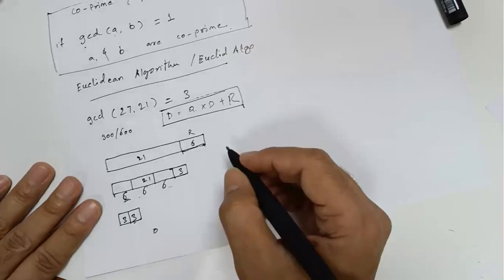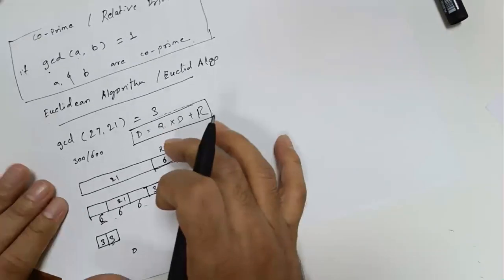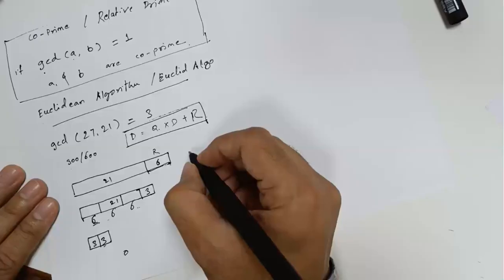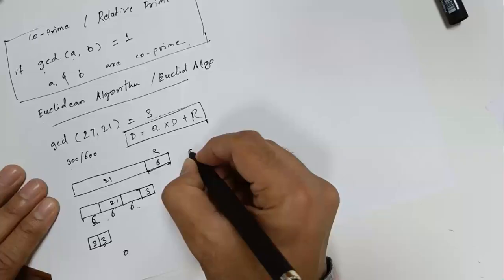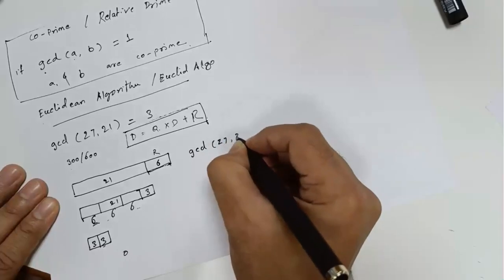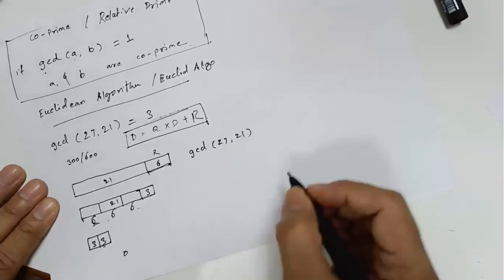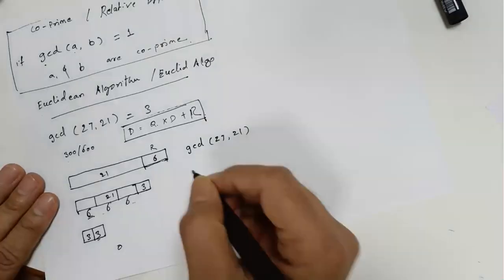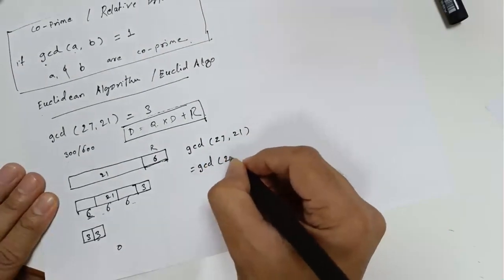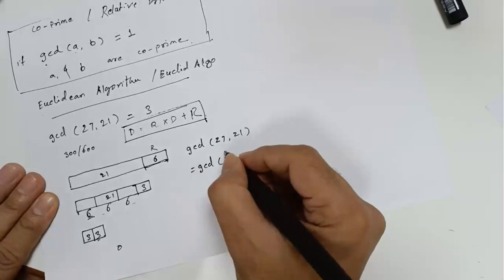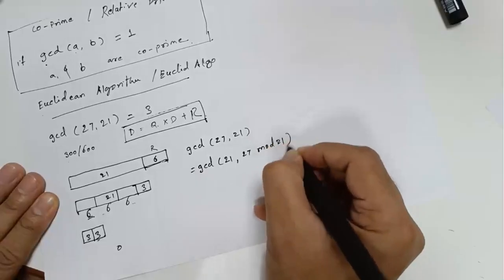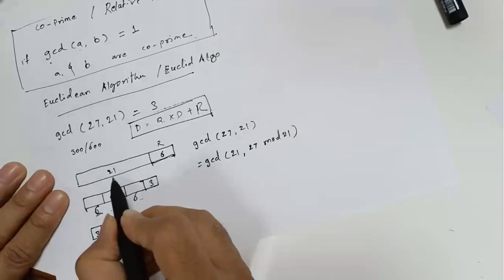This is just a pictorial view. I'll give you the exact formula for that. What I have done here is GCD of 27 and 21. Instead of doing this, I'll write it as GCD of 21 and 27 mod 21.